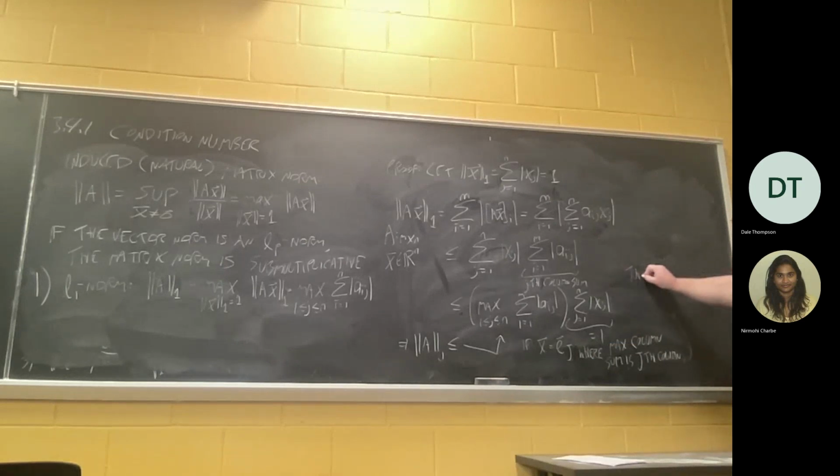Then the one norm of AX is equal to the max column sum. So the idea is first you show that the matrix norm is less than or equal to whatever expression you want. Then you show that there's some vector X that gives you equality, and you're done.